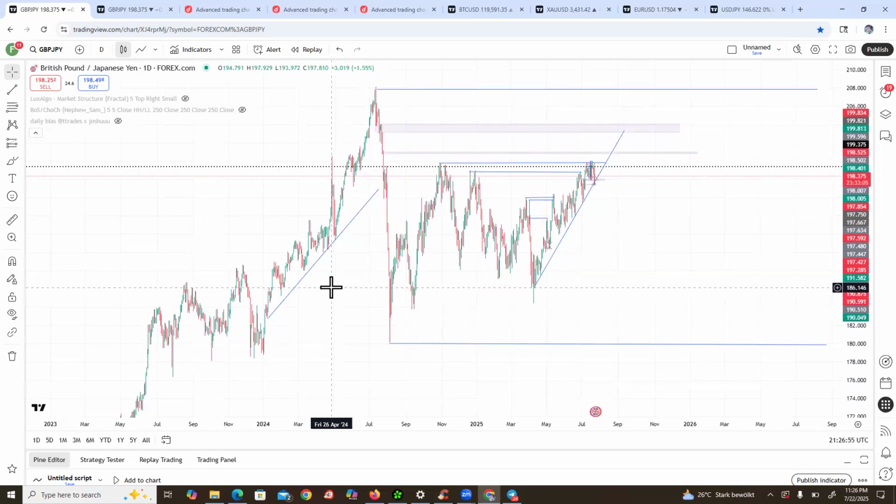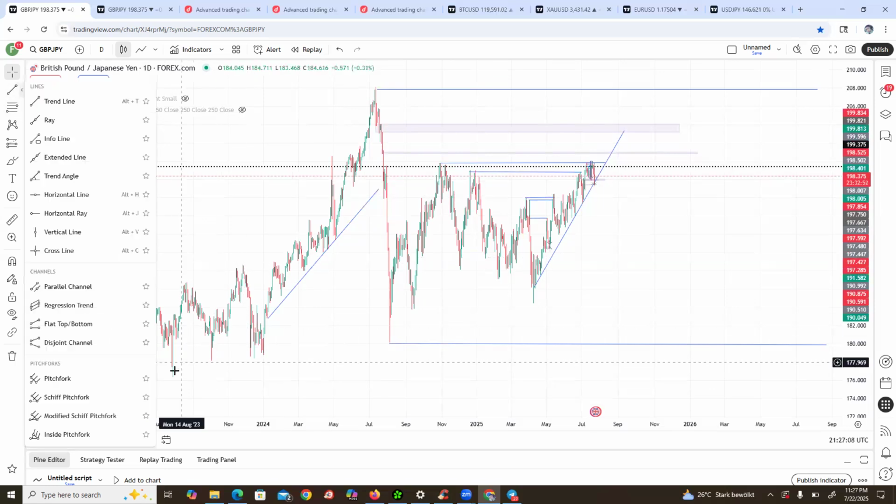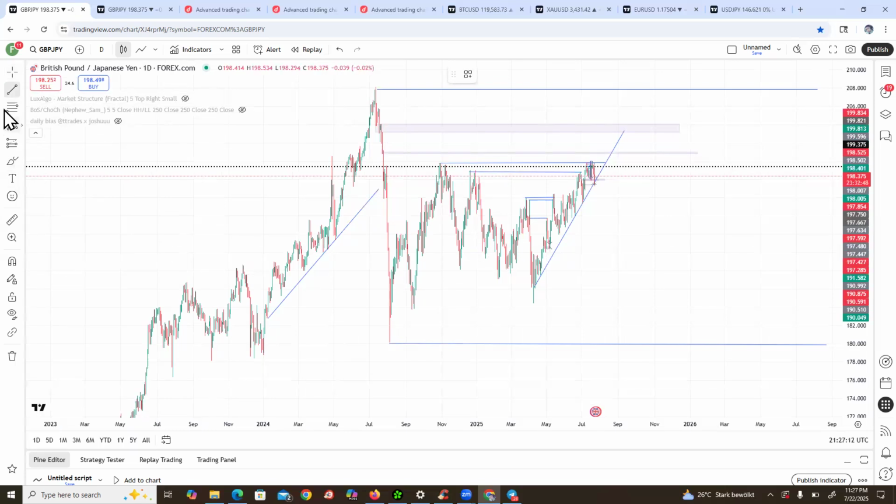So from this daily time frame, we can see that the market was forming a series of higher high, higher low, higher high, higher low, higher high, higher low, because all these lows, none was broken. If you look at it properly, you see that this one here wasn't broken by the next one.